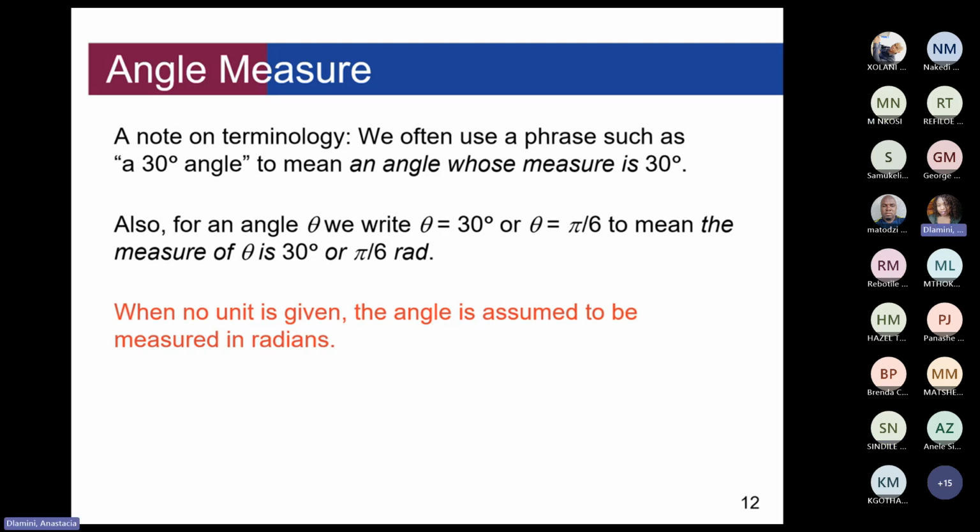Also, for an angle theta, we write theta equals 30 degrees or theta equals pi over 6, to mean the measure of theta is 30 degrees or pi over 6 rad. When no unit is given, the angle is assumed to be measured in radians. Was that clear? Because it's in bold red. It's clear now?